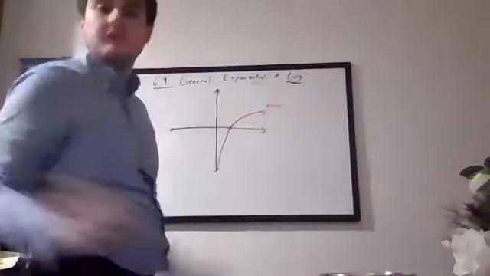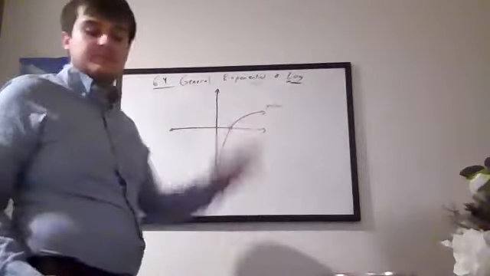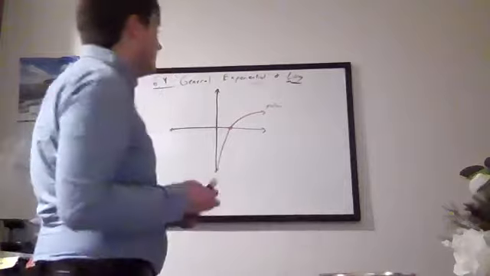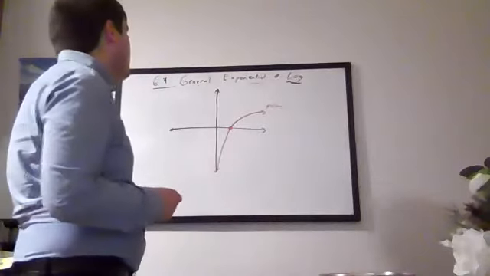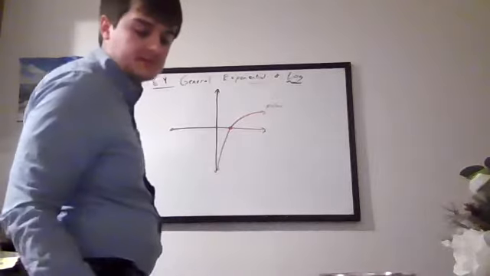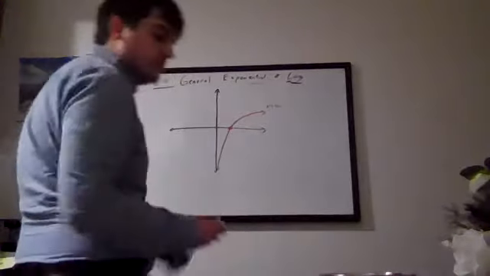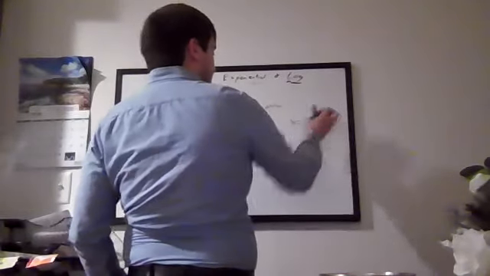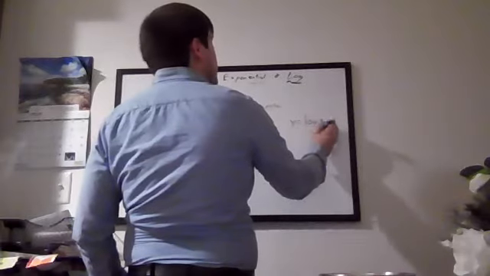But let's say you don't have 2 to the x to easily flip over. It's a little harder to do. So let's work through it. We're going to take y equals log base 2 of x.